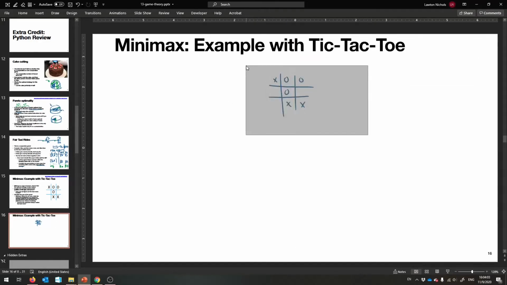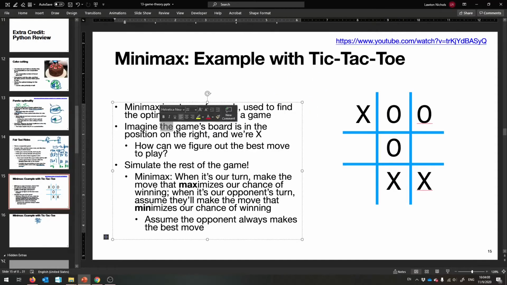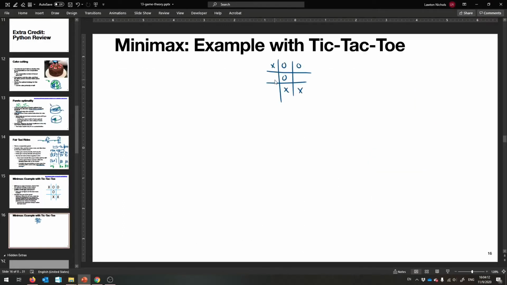So what's about to happen is we're going to play the game. So it's our move right now. Let's pretend that it's our move, and we want to figure out which way to play this game. So the idea is, here's our first option. We have three different options to play our X. There, there, or there.